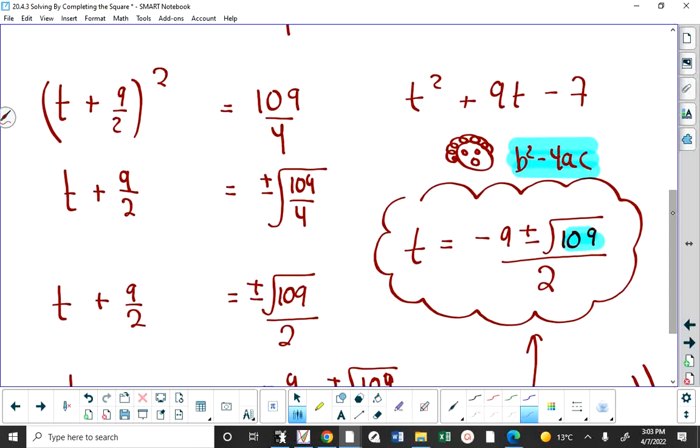So b is 9. This is negative b. If you're looking at the front cover of your handout, you see the significance of that. Plus or minus the square root of b squared minus 4ac, it says on the front cover of your handout, all divided by 2a. Well, a was 1, 2a is 2. Once I teach that to you tomorrow, which is called the quadratic formula, we will never have to complete the square again to solve an equation.